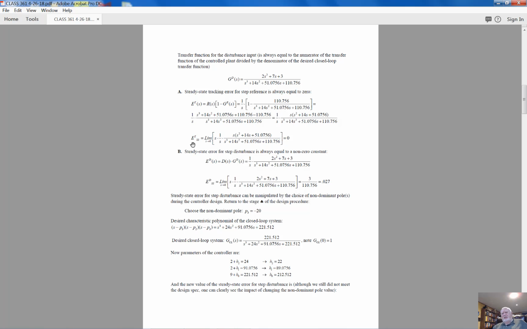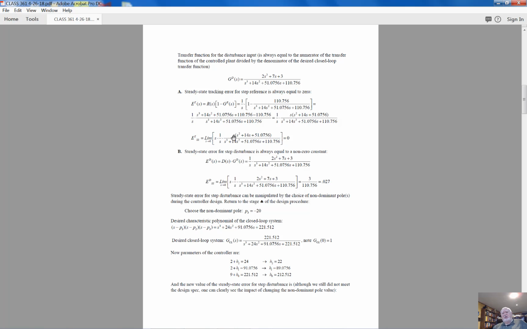This is the steady state tracking error. I'm using the final value theorem. I have limit when s approaches 0. This s belongs to the final value theorem. This is the Laplace transform of unit step reference, and this is the transfer function. And now we can figure out that this s will be canceling this s, and this s will stay uncancelled in the numerator.